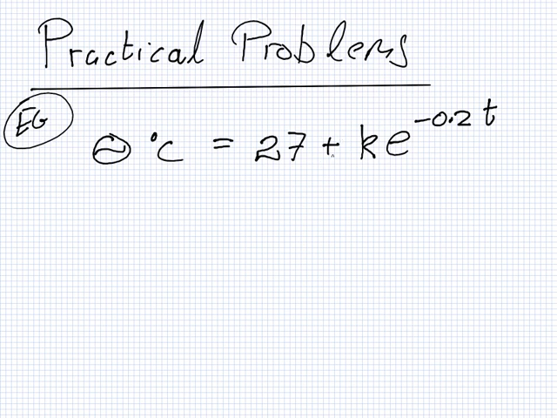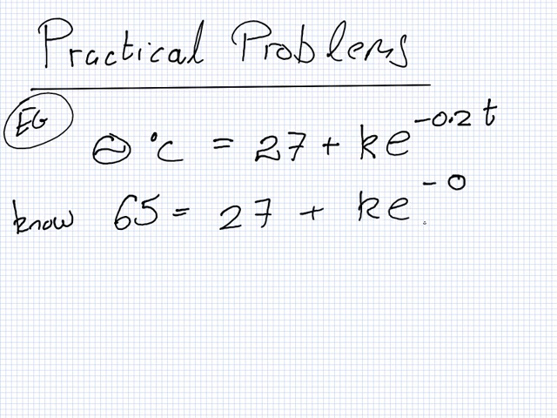And here I ask you to find the K, and I give you some information. I tell you at the beginning the coffee is 65 Celsius. So you know that at the beginning we have 65 as the answer. And you also know at the beginning the time is 0.